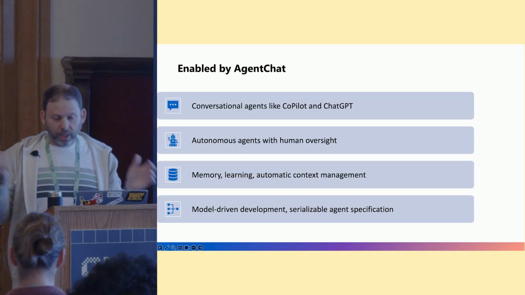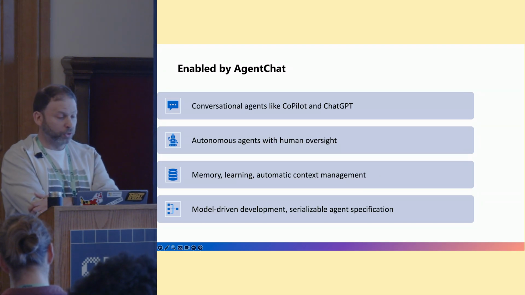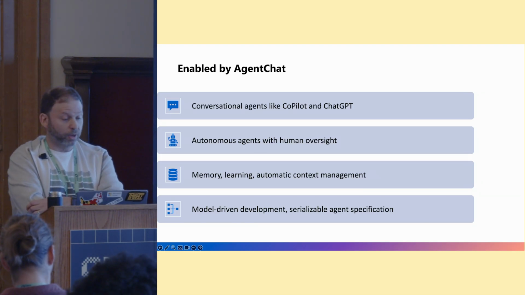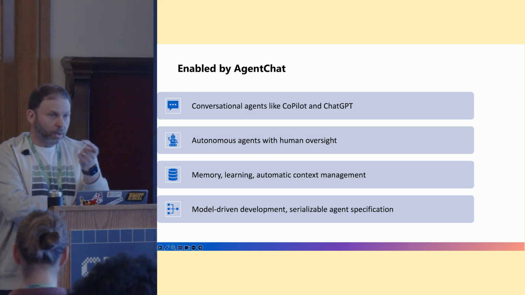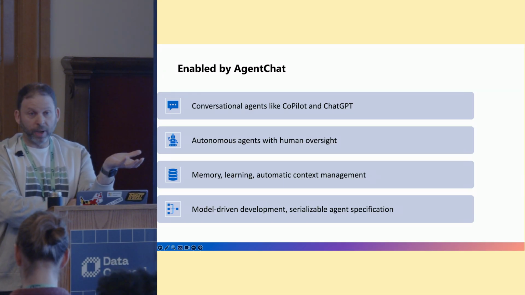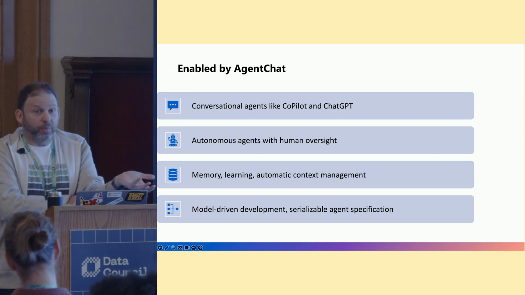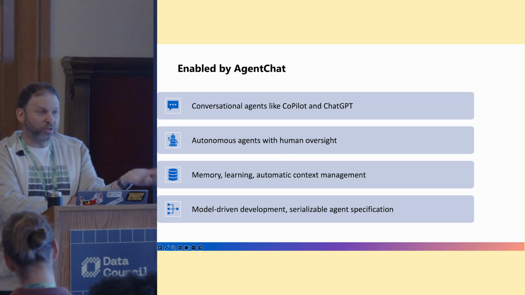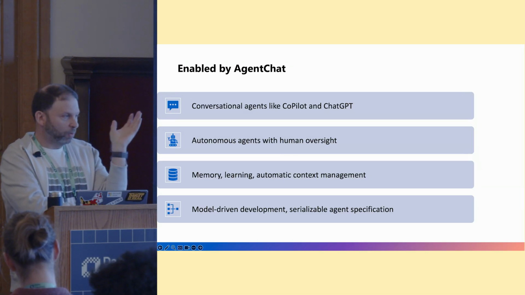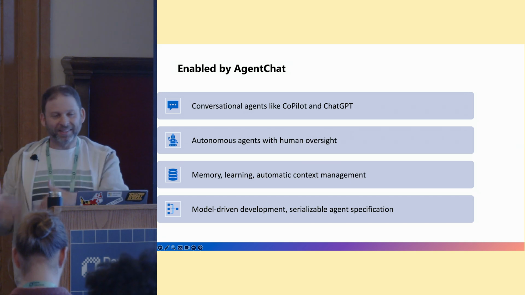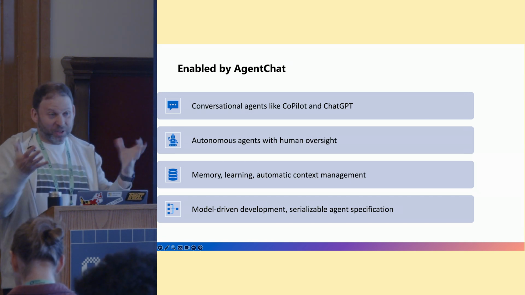So these are some of the high-level features that the Agent Chat API gives you. It gives you conversational agents like Copilots and ChatGPTs. Actually, if you've ever used one of our Copilots, for example, that is actually an agent workflow. You don't see it, but if you ask a question, you sometimes see it's retrieving data, searching the web, opening a file. There's actually a bunch of agents under the hood that you're not seeing that are performing all these tasks.